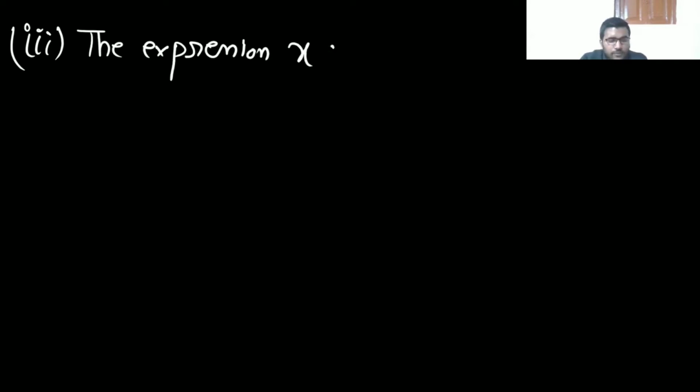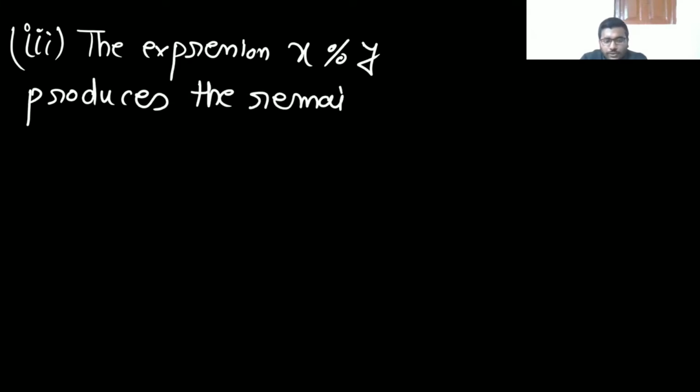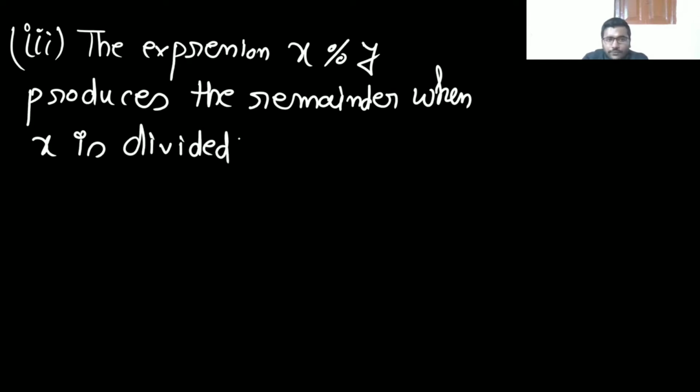Now we will see the mod operation. The expression x mod y produces the remainder when x is divided by y.